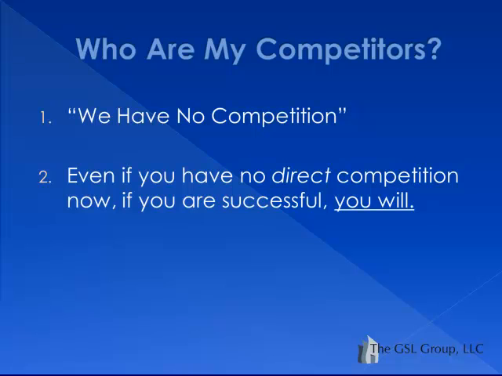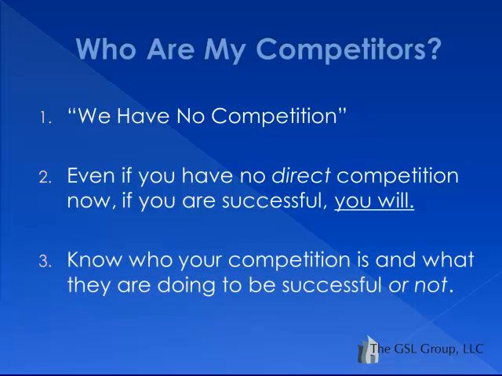You've all seen industries that have adapted to their competitors, changed their business models to adapt to the industry changes or consumer preferences, and you're going to have competition in the future, and you should show how you're going to adapt to that. So you really need to know who your competition is and what they are doing to be successful, or if they're not successful, what they've done wrong.